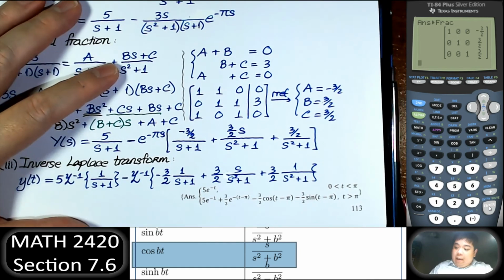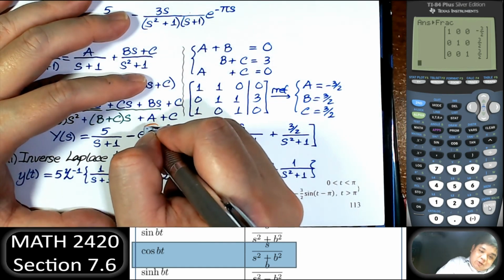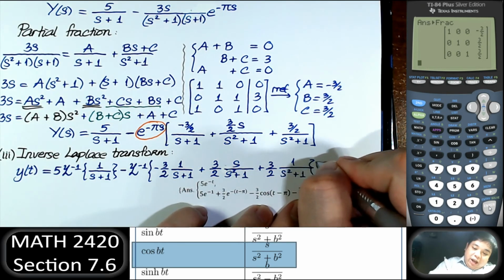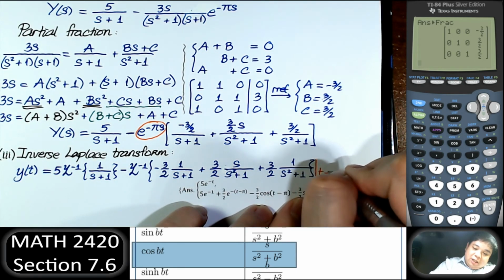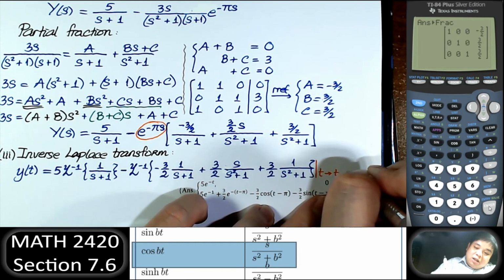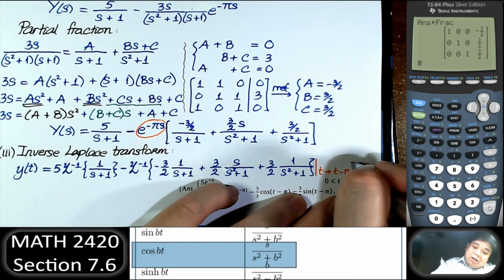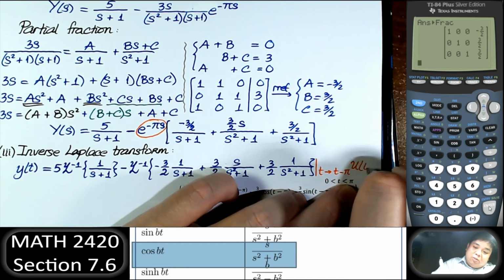We do that, but because of the e to the negative pi s here, we have to replace t by t minus pi, and not only that, we have to multiply by u of t minus pi.